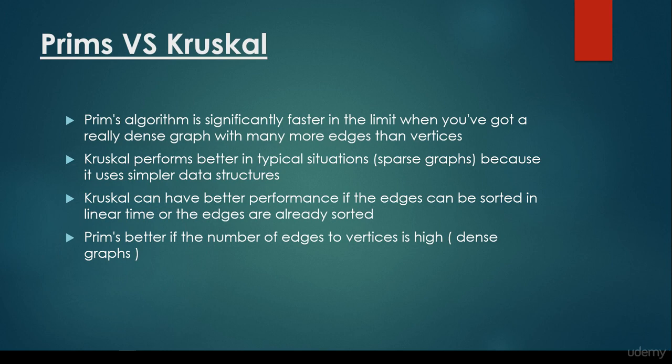Kruskal performs better in typical situations, so sparse graphs where the number of edges is not that high, because it uses simpler data structures. Basically, we just have to sort the edges according to the edge weights. We don't have to use any heap abstract data type. Kruskal can have better performance if the edges can be sorted in linear time or the edges are already sorted, and the Prim's-Jarník algorithm is better if the ratio of edges to vertices is high, so the graph is dense.